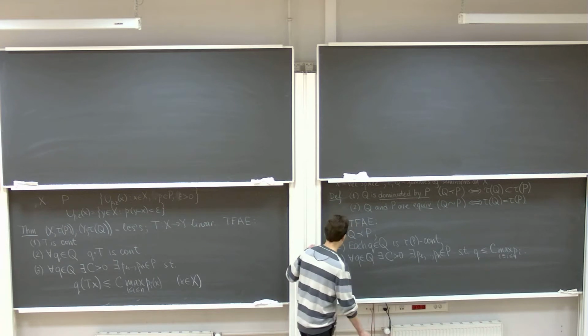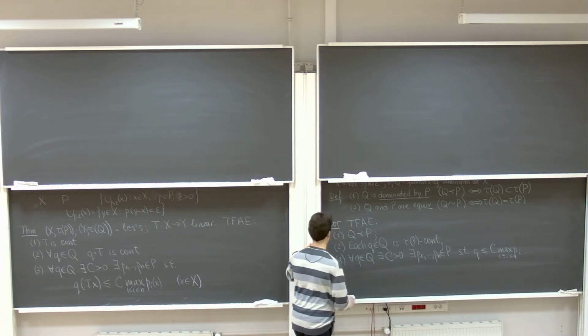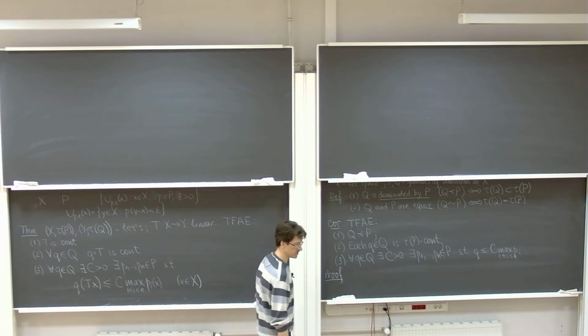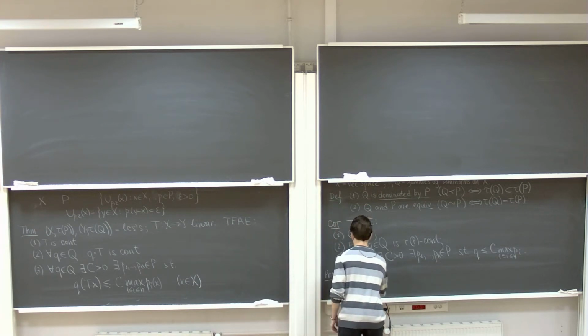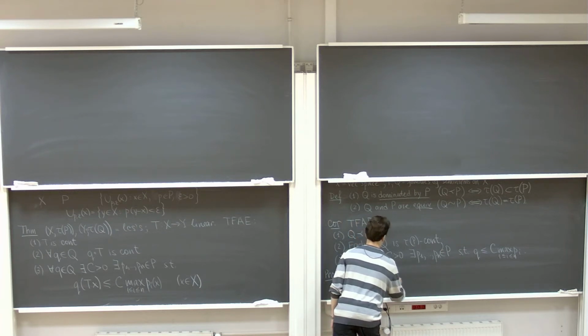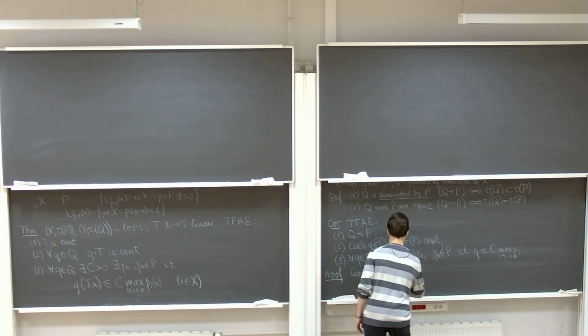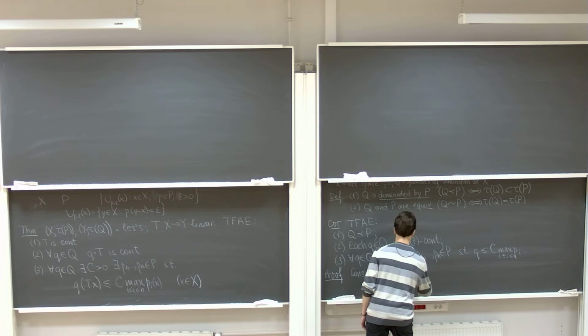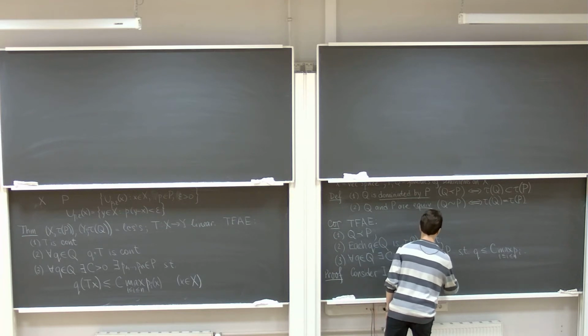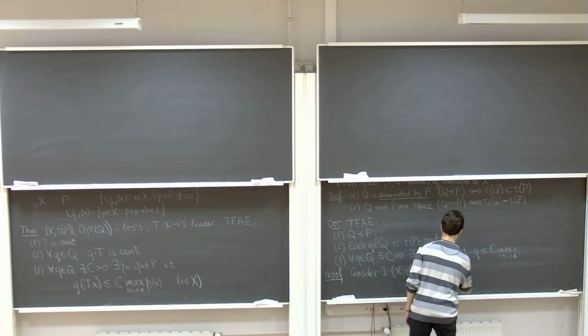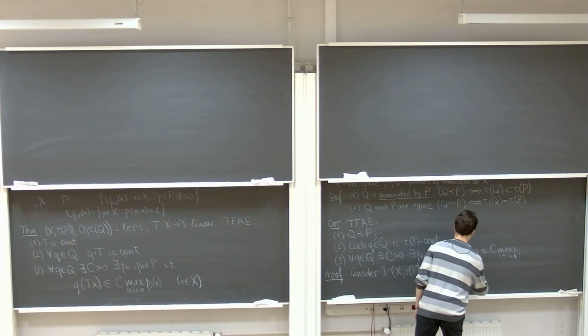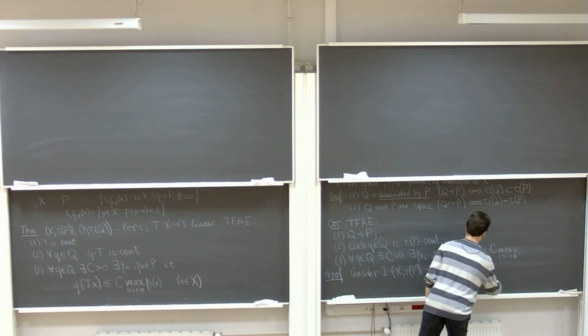Well, why is it so? To prove this corollary, we consider the following simple operator, denoted by I. It acts from X equipped with the topology tau of P to X equipped with the topology tau of Q. And set-theoretically, this is the identity map.